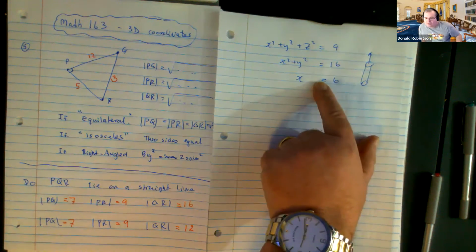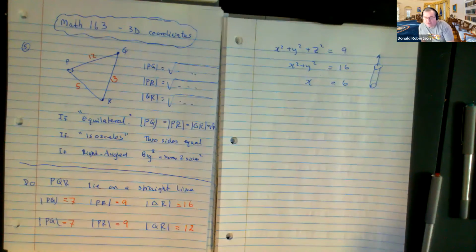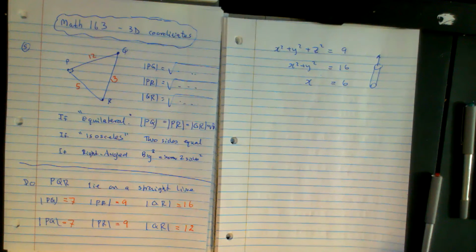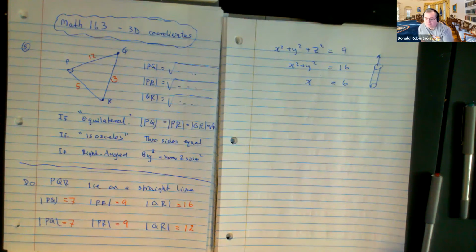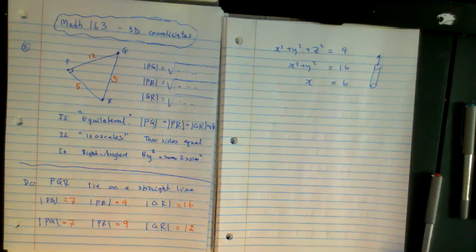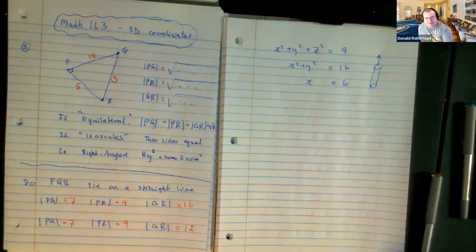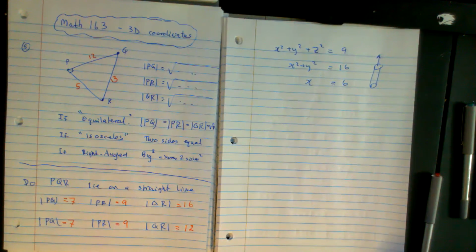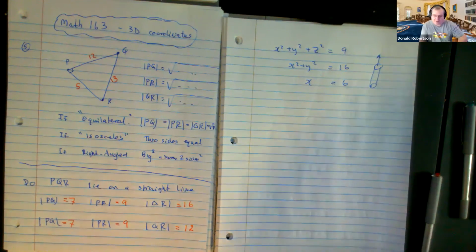What would x equals 6 look like? And it's not a straight line in 3D space. A plane. It's a plane. Vertical or horizontal? Vertical. Passing through where? It's not passing through the z-axis.